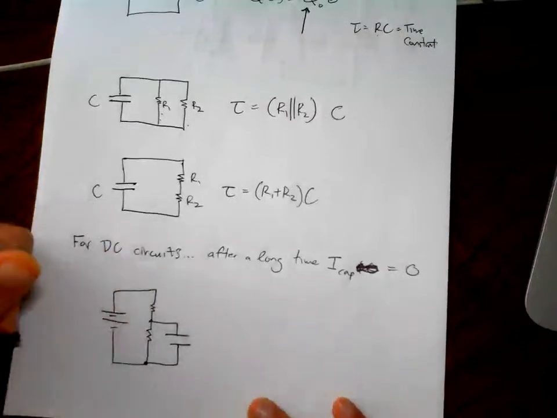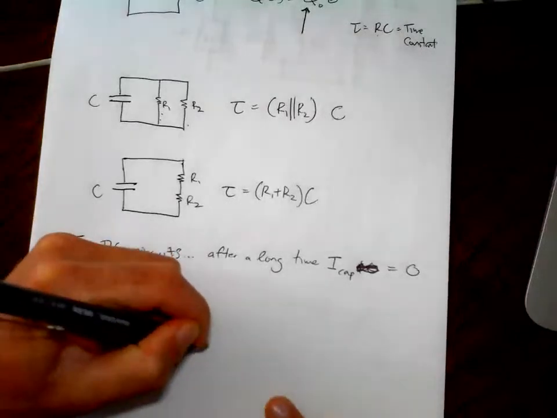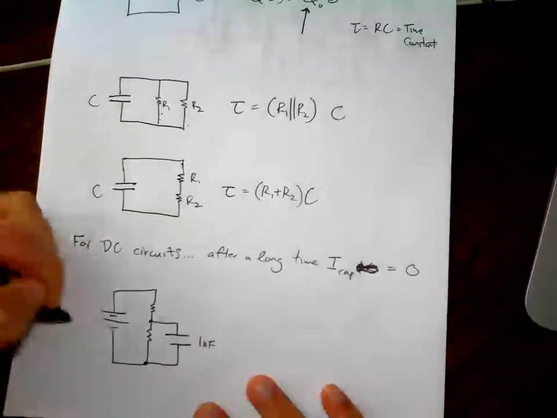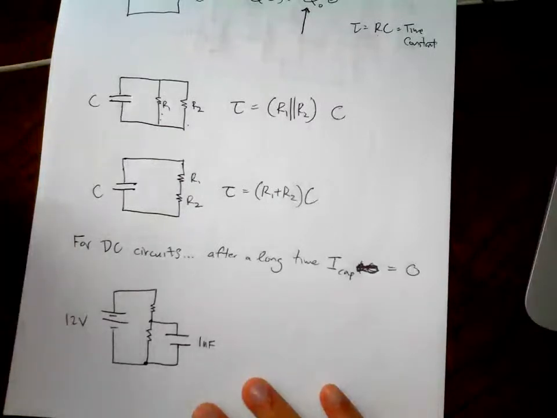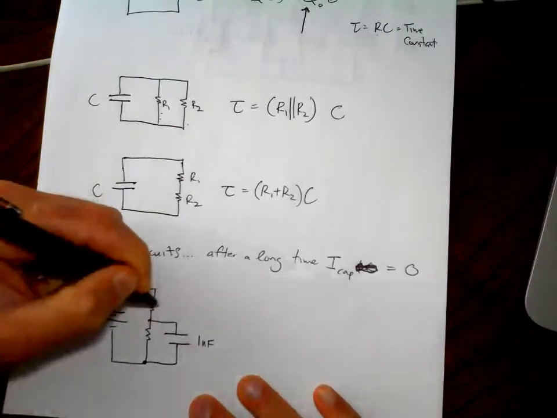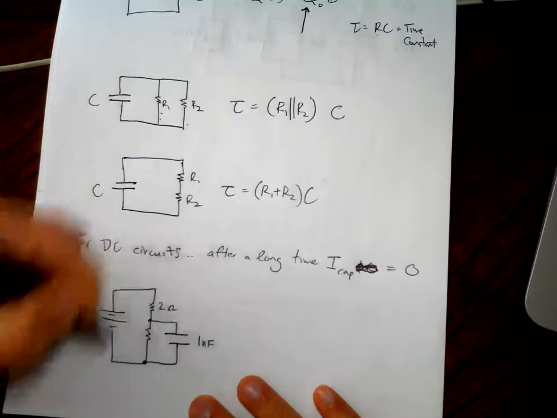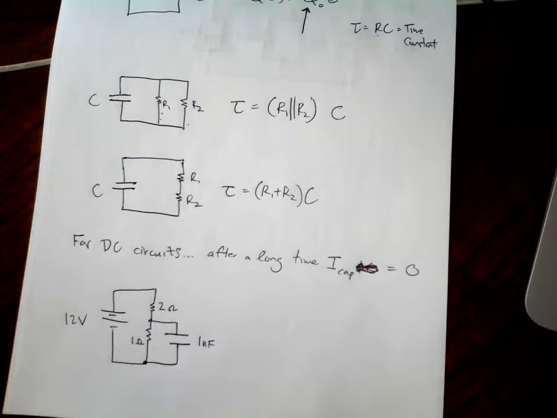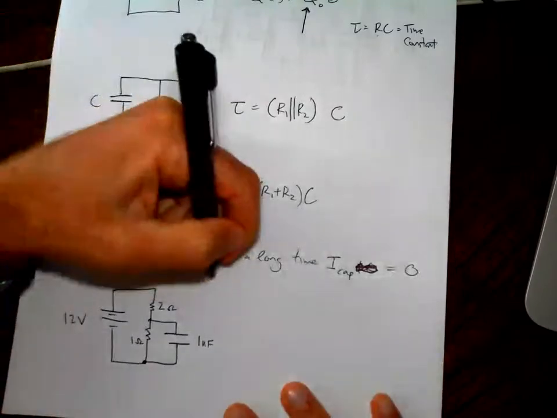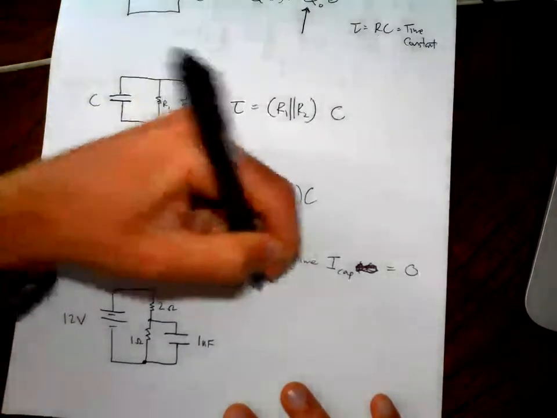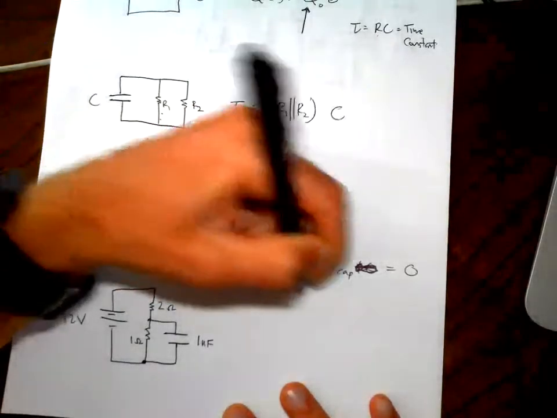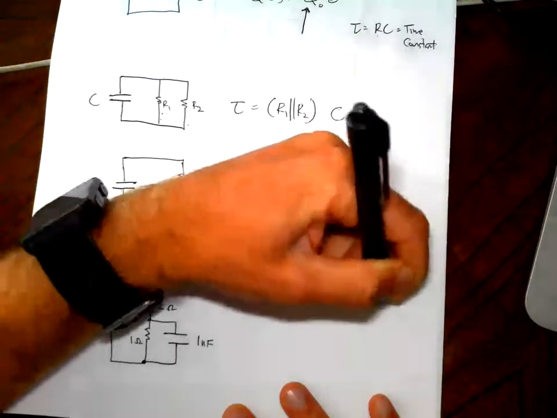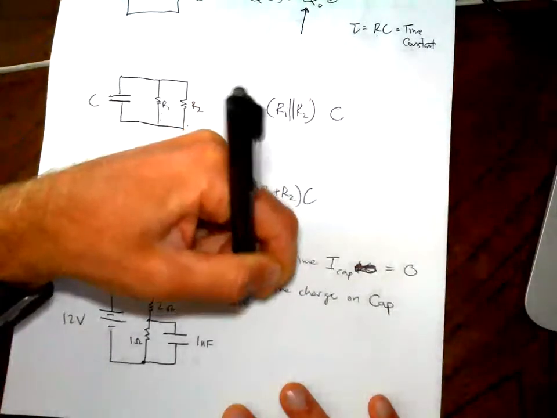So maybe this is a 1 nanofarad capacitor, and this is a 12-volt battery. And maybe this is a 2 ohm resistor, and this is a 1 ohm resistor. Okay. And I want to know, what is the charge on the capacitor after a long time?